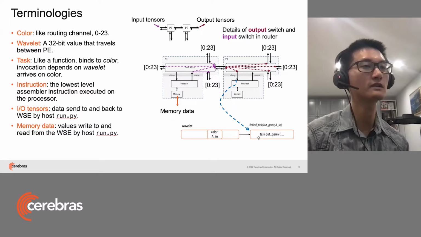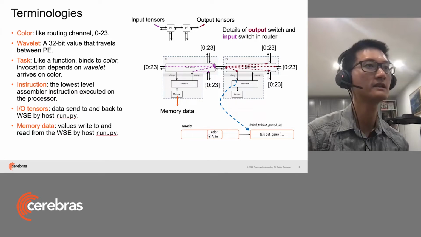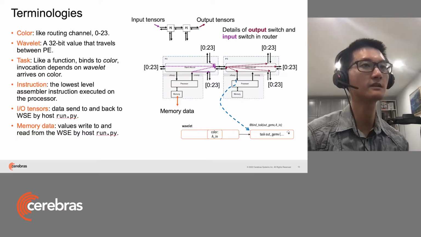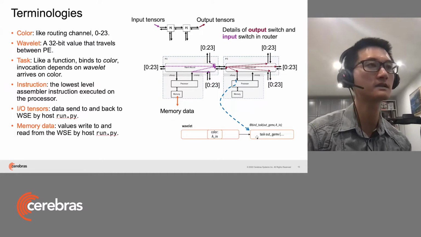In order to trigger a task, you have to bind a task to a particular color. So when a wavelet arrives on a particular color onto that PE, that wavelet would enter off the ramp into the compute engine, and the task will start executing on that particular wavelet.